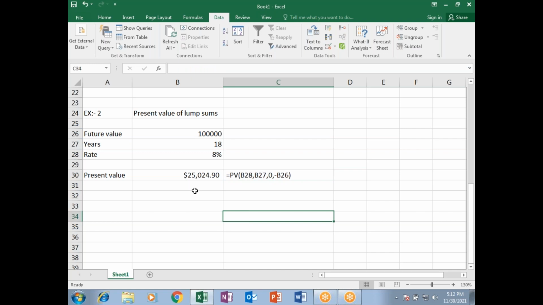Okay, so rate, input, and the FV which we are going to represent.